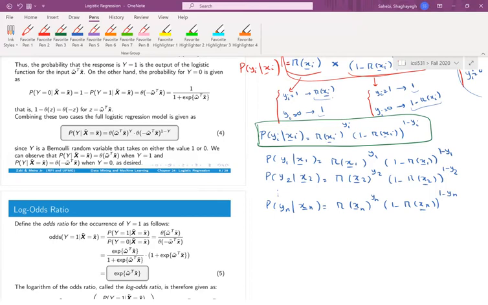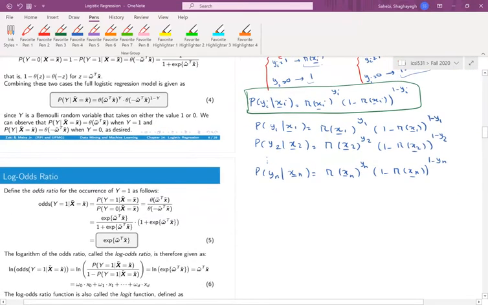Also, in many cases in data mining, we assume that the data points in our data set are independent of each other. We have this IID assumption: they are independent of each other and identically distributed from the same distribution.